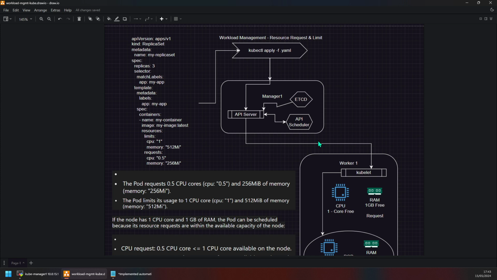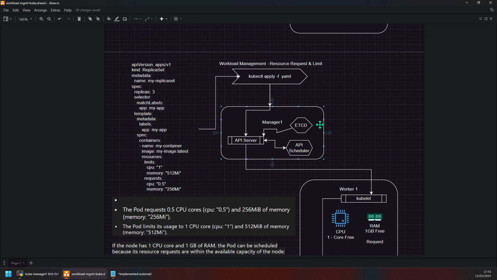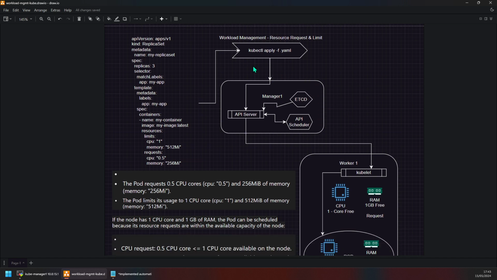But before it goes to the scheduler, as we discussed on the previous workload management architecture diagram, the YAML file will be executed through kubectl, and then the API will be called, and then the kind, which is the name of your API, will be called upon. Within that, all these configurations will be loaded into etcd, and then the scheduler will be called upon to schedule the workload on whichever worker it chooses.